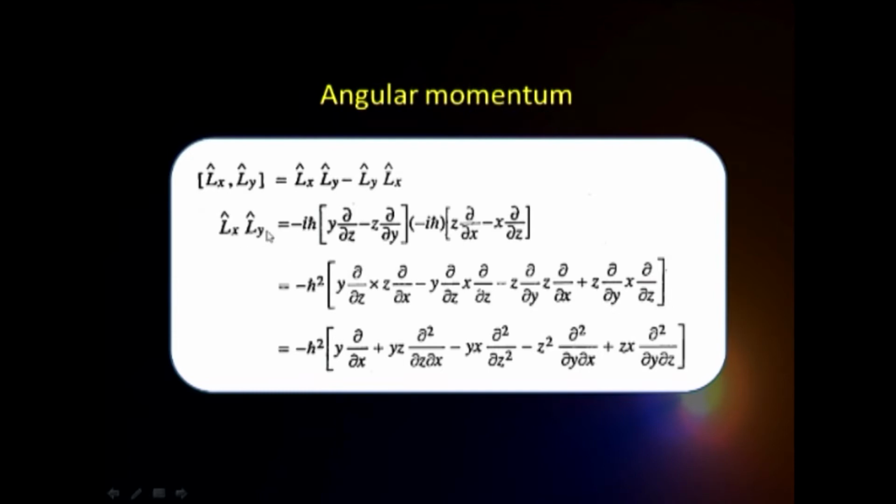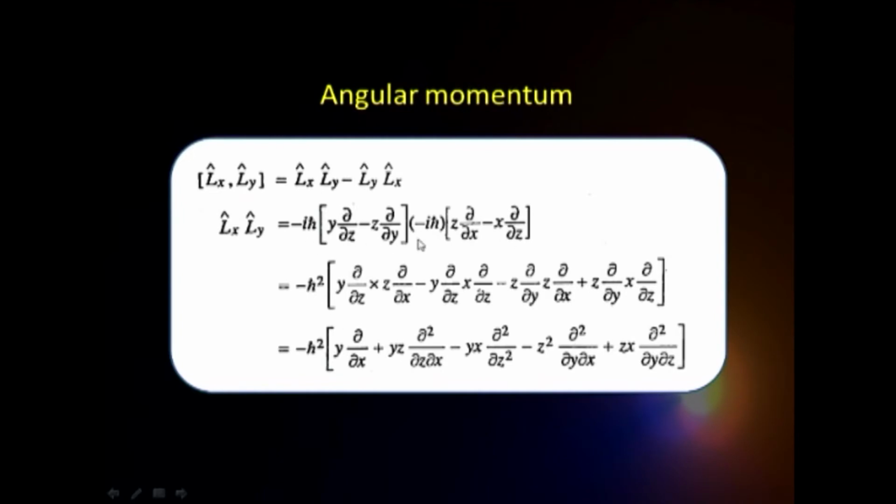So, it is LxLy, the first term here. Minus i h cross, where h cross is h by 2 pi, y ∂/∂z minus z ∂/∂y, then again minus i h cross, z ∂/∂x minus x ∂/∂z. Basically, this is just a representation of each operator in the x and y directions, and it is a simple multiplication of the first term with the first term here and the first term with the second term here, and we get a simple expression.